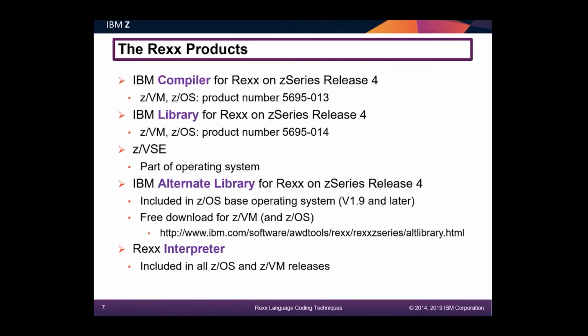The alternate library, for those who are using z/OS at all, is included in the base operating system, but most of you, of course, are on VM, and so you need to go download this alternate library if you need to run compiled code.